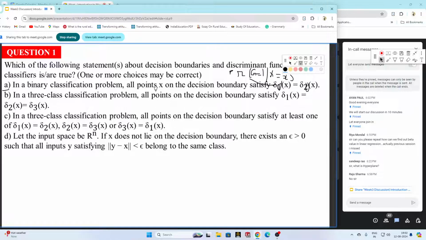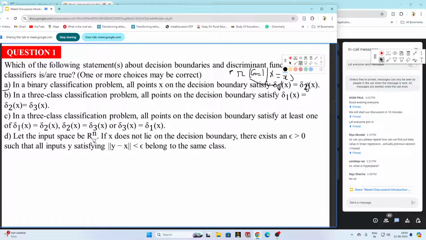In a binary classification, all points x on the decision boundary satisfy delta 1 of x equals delta 2 of x. Second is, in a three class classification problem, all points on the decision boundary satisfy delta 1 of x equals delta 2 of x equals delta 3 of x. C is, in a three class classification problem, all points on the decision boundary satisfy at least one of delta 1 of x equals delta 2 of x, delta 2 of x equals delta 3 of x, and delta 3 of x equals delta 1 of x.